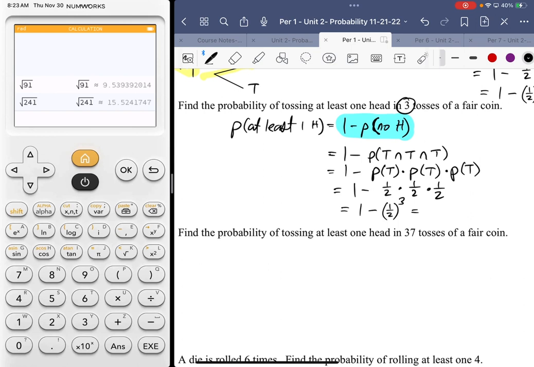1 minus 1/8 is 7/8. If I drew out the tree diagram for this, all but one of them would have had a heads in it somewhere. The only instance where it wouldn't would have been tails, tails, tails: 1 instance out of 8 possible outcomes.